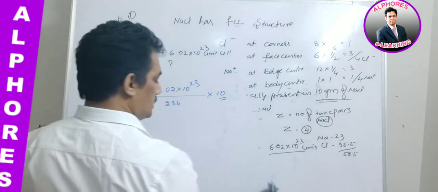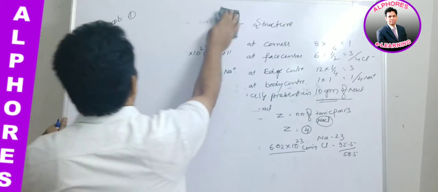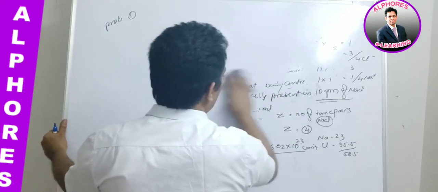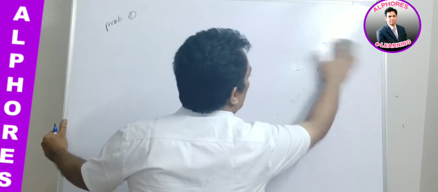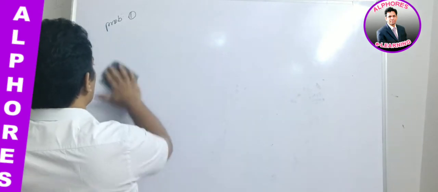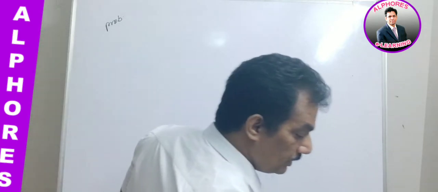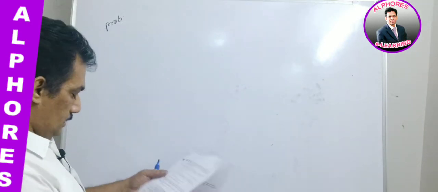And now let us move to one more model, where they are providing the edge length and the structure, that is, the crystalline structure of the element is given, and they ask to calculate the density. Let me give a numerical related to that.